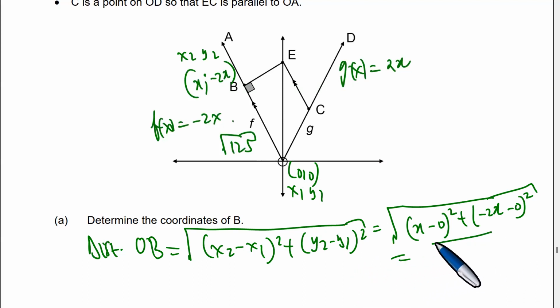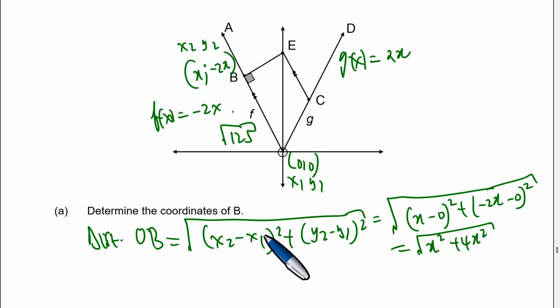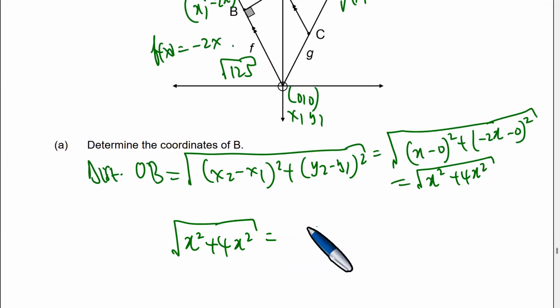Right, and therefore this is the square root of x squared plus 4x squared. And OB is the square root of 125. So x squared plus 4x squared equals OB, but OB is the square root of 125.